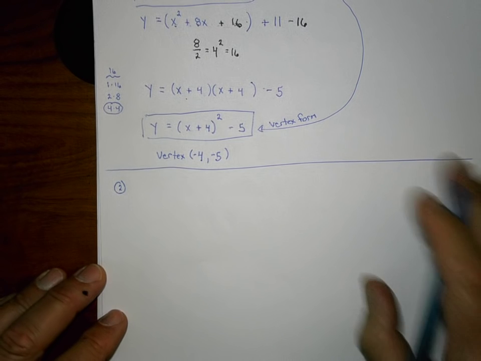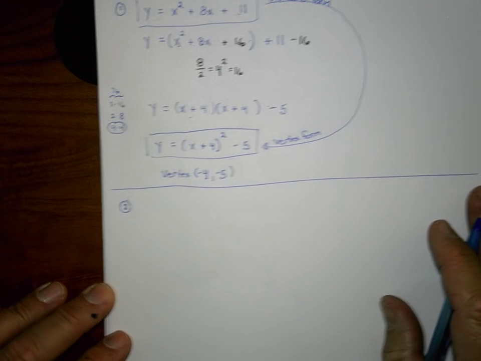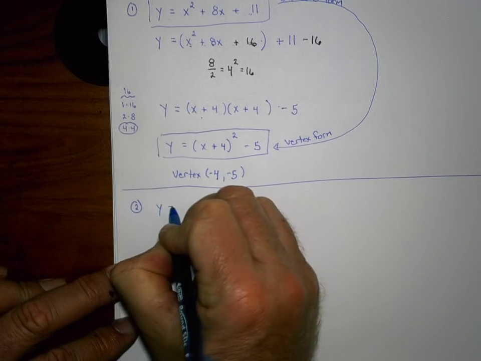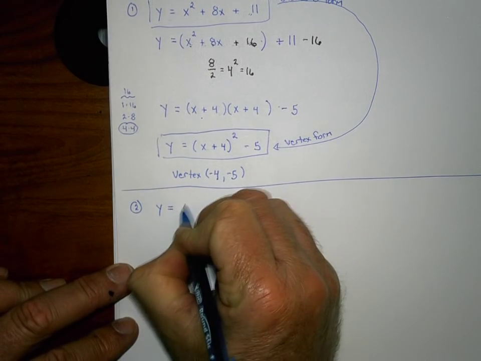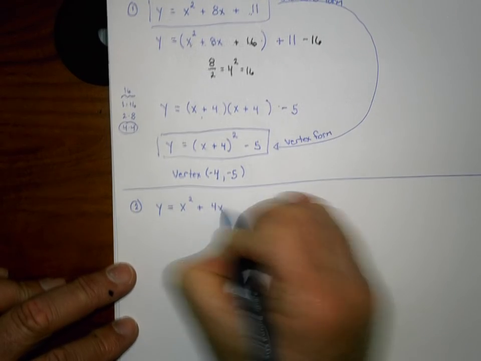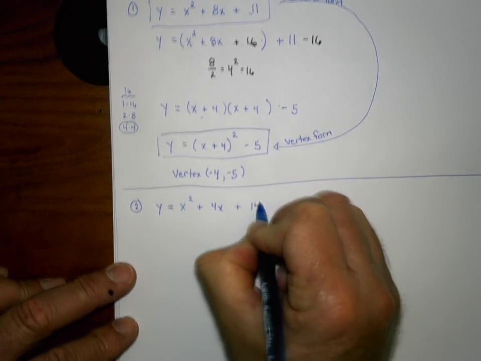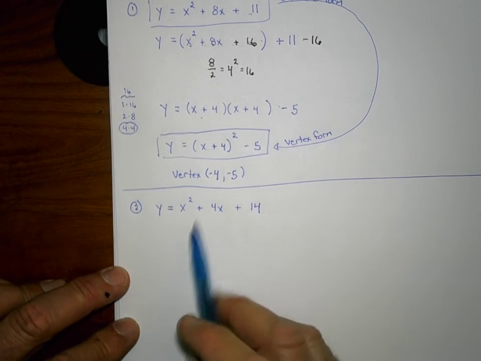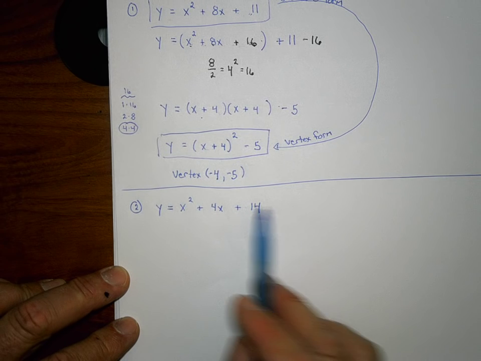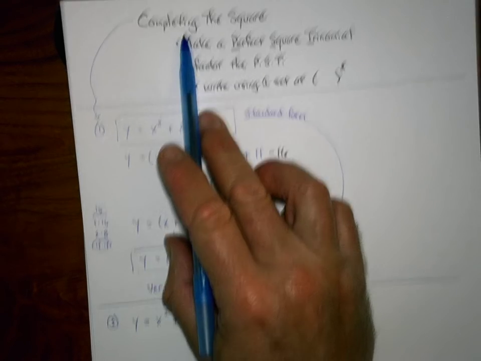Once again, if you're not sure what I'm doing, pause the video, re-watch it, and hopefully it'll start making sense. So how about y equals x squared plus 4x plus 14. I want to change this equation, which is in standard form, into vertex form, using a process called completing the square.